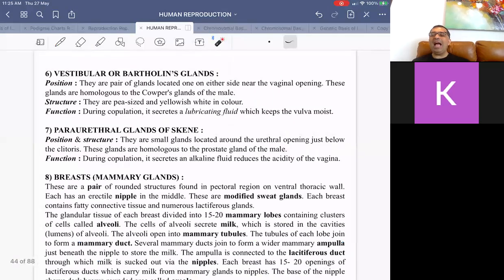In males, we had glands which produce semen.